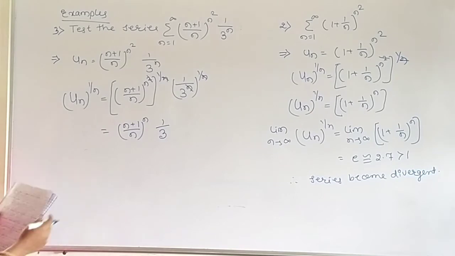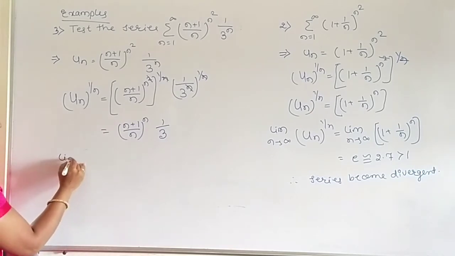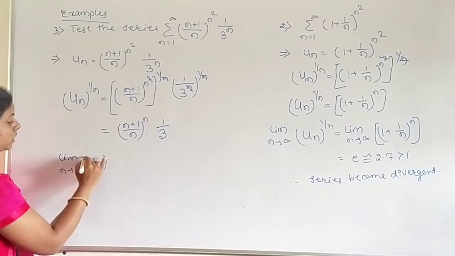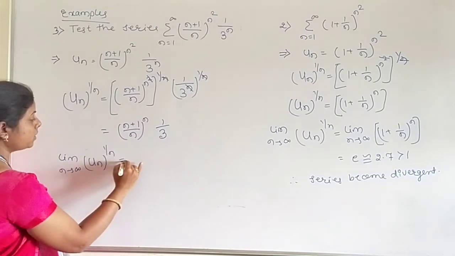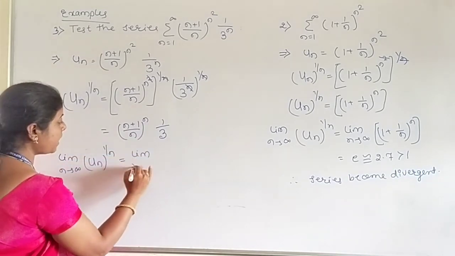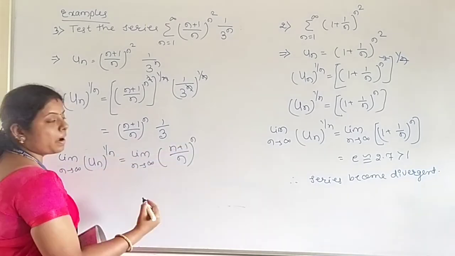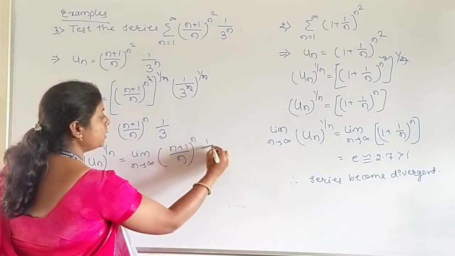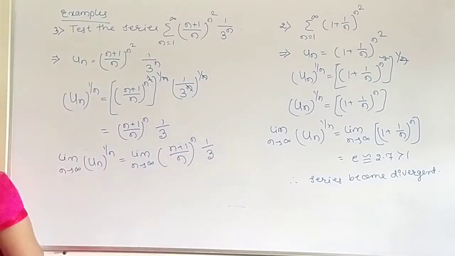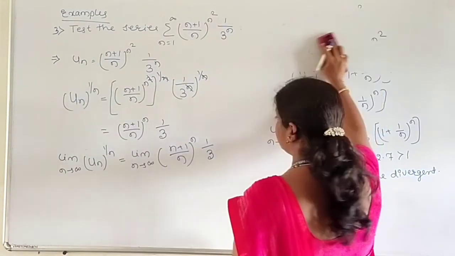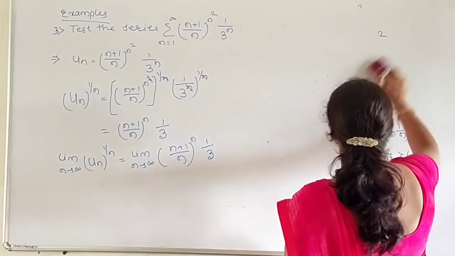Now you have to apply the limit on both sides. As n tends to infinity, un to the power 1 by n is equal to limit as n tends to infinity of (n plus 1) divided by n to the power n, into 1 by 3. After applying the limit, you have to simplify the term.